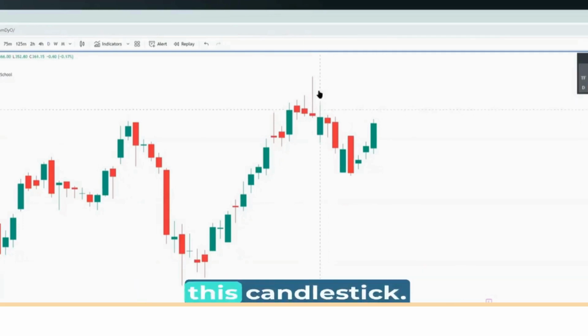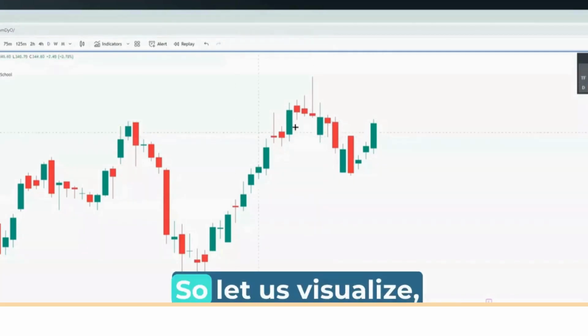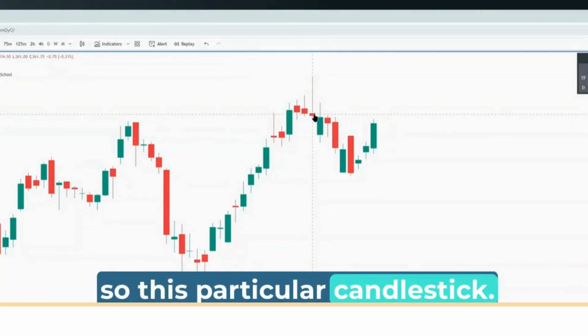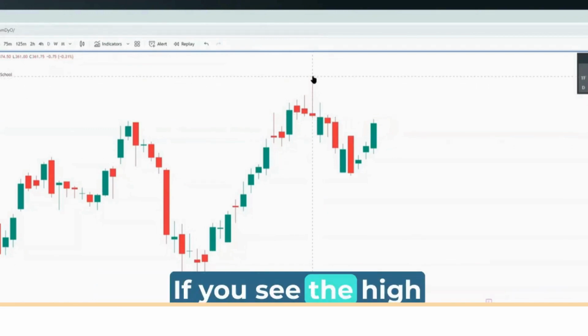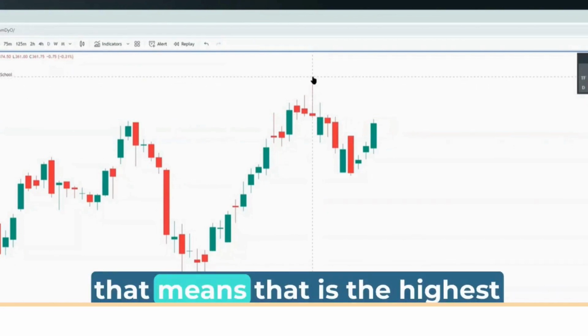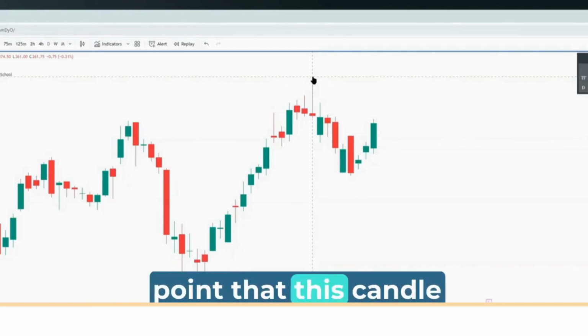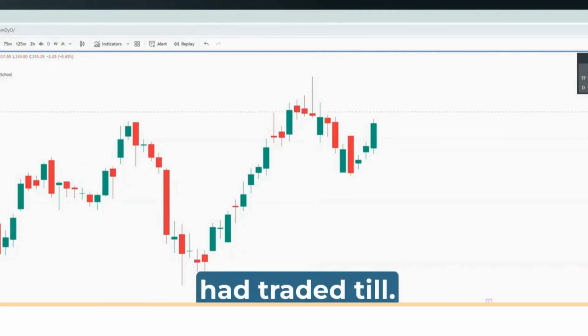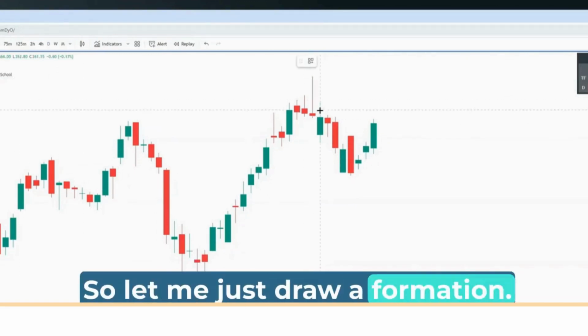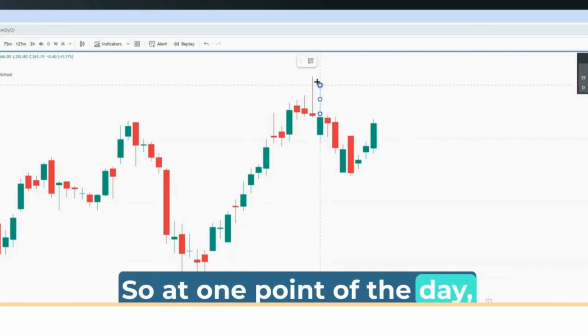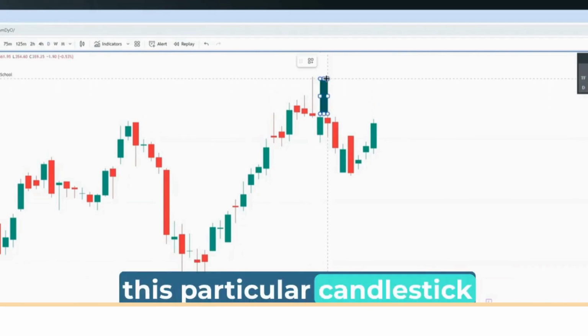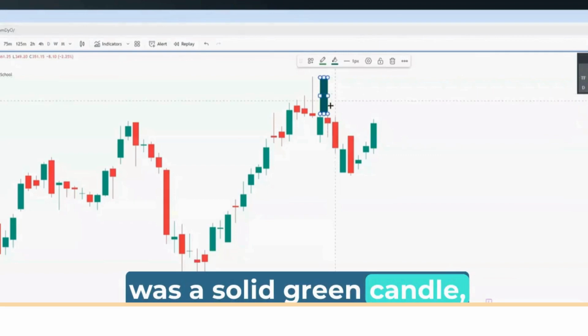So now let's understand the formation. What happened during this candlestick? So let's visualize. So this particular candlestick, if you see the high of this candle, that means that is the highest point that this candle had traded till. So let me just draw a formation. So at one point of the day, this particular candlestick was a solid green candle.